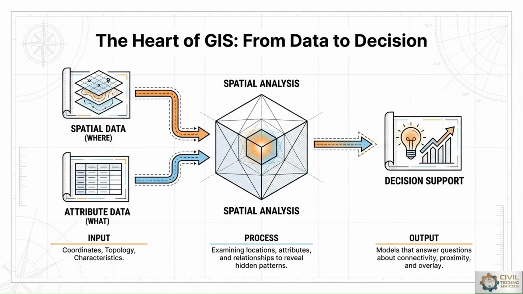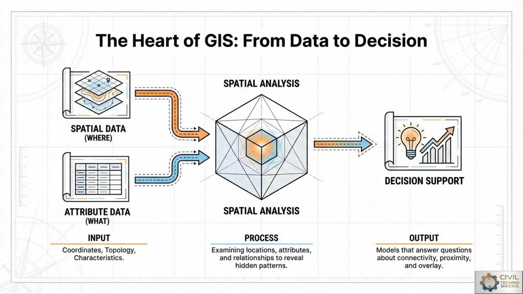After that analysis, we get the decision support with reference to the graphical representation, the document purpose, the tables, the bullet points, which gives the models that answer questions about connectivity, proximity, overlay, buffering, etc. So the brain of the geographic information system is the spatial analysis.